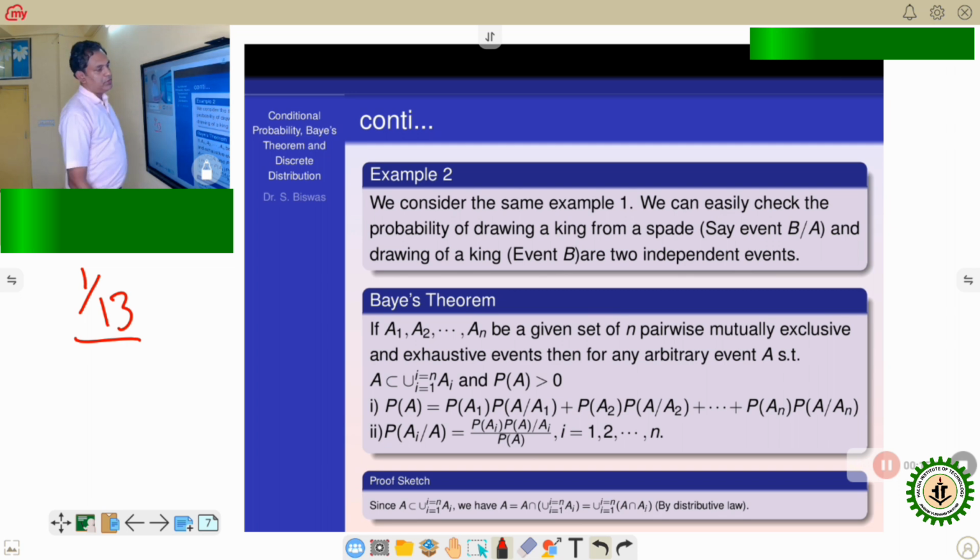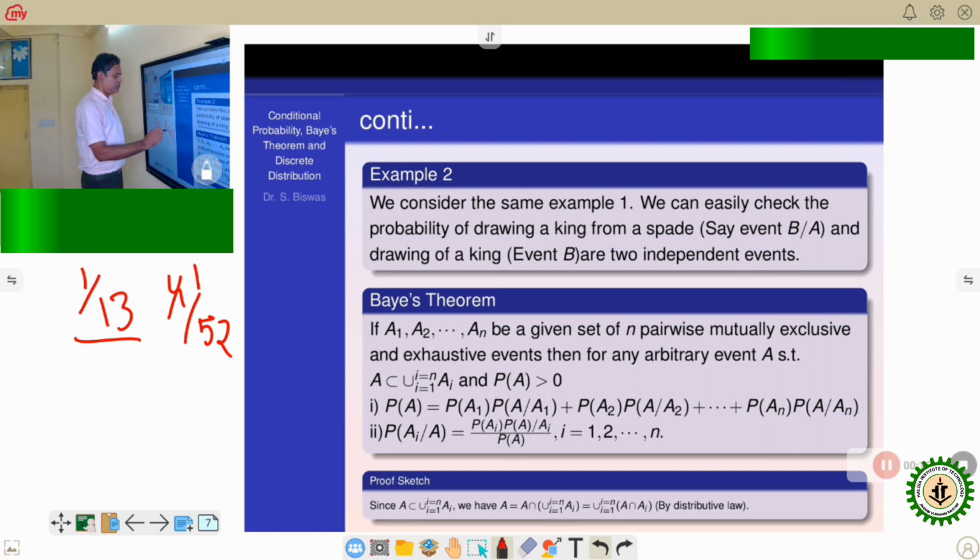And here you can see drawing of a king, simply king. What will be that? Drawing of a king of a spade was 1 by 13, and drawing of a king is 4 by 52, because there are four suits, each contains one king, and total 52 cards.